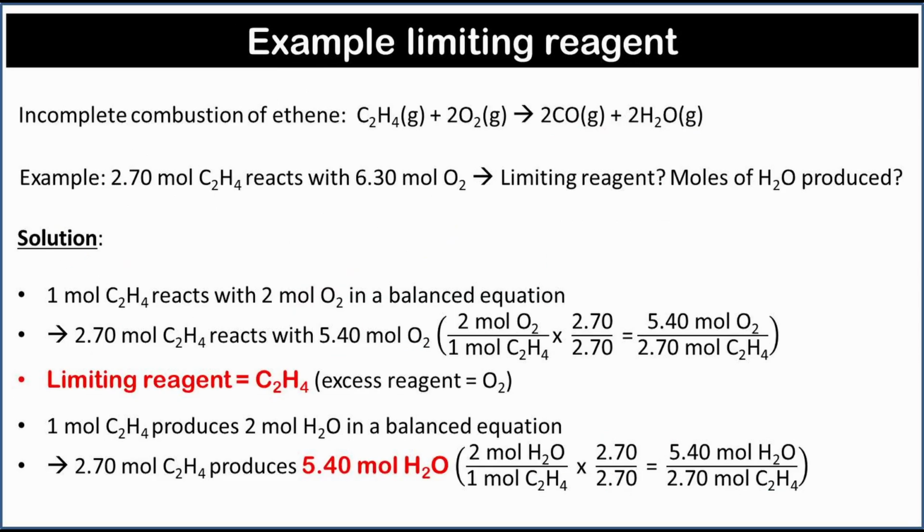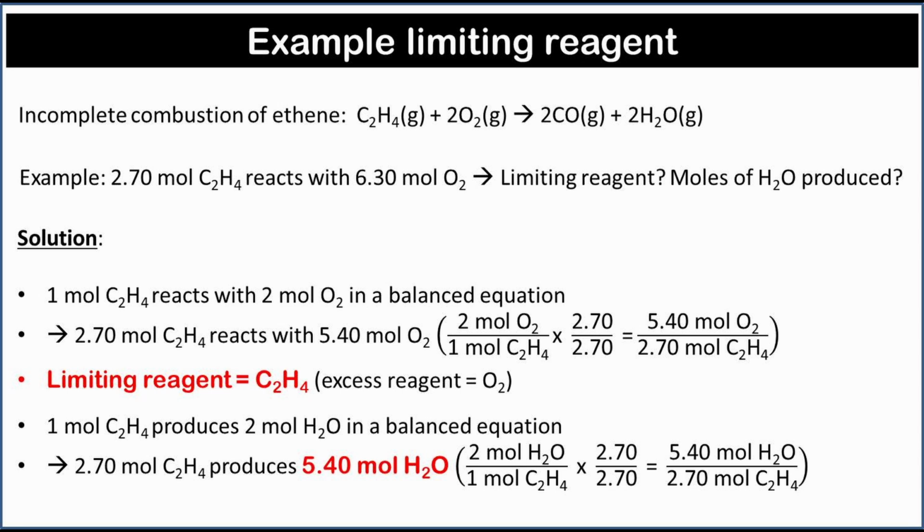Example. Given the balanced equation for the incomplete combustion of ethene. If 2.7 moles ethene reacts with 6.3 moles oxygen gas, what is the limiting reagent and how many moles of water are produced? From the balanced equation, we know that 1 mole of ethene reacts with 2 moles of oxygen gas.